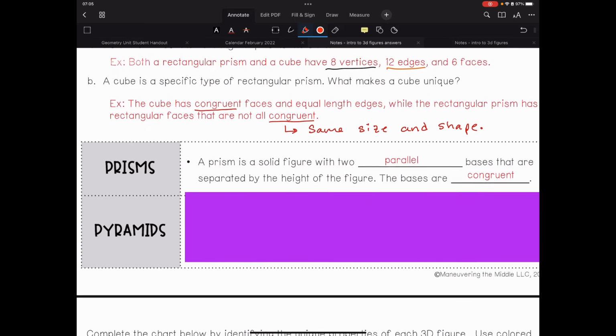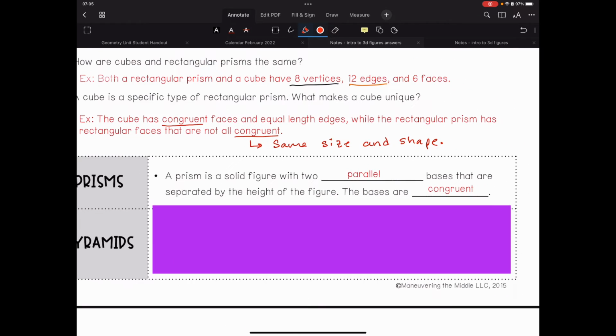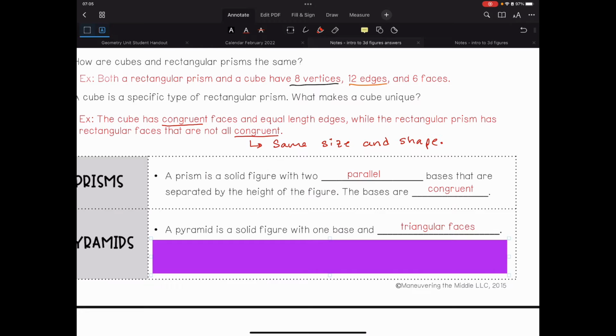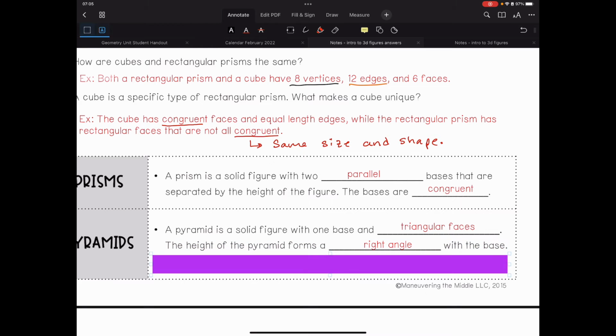Now let's look at pyramids. A pyramid is a solid figure with one base and triangular faces. The height of a pyramid forms a right angle with the base. Pyramids are named by their base.